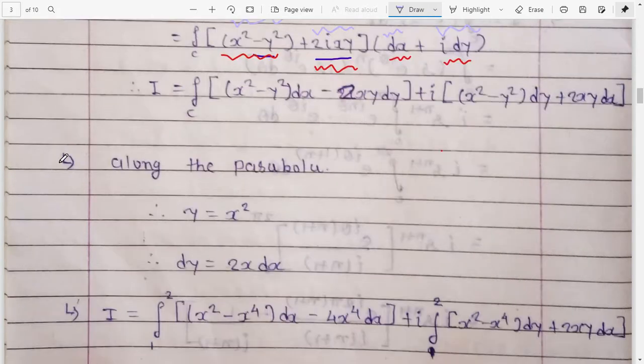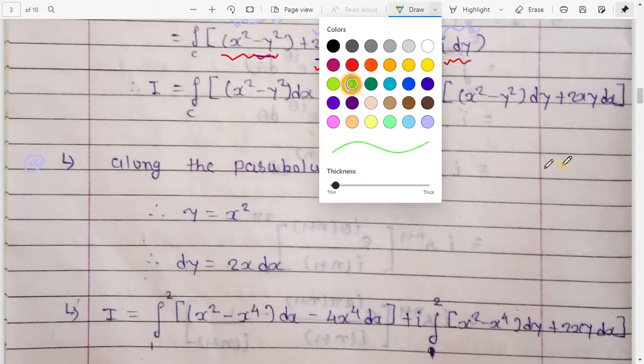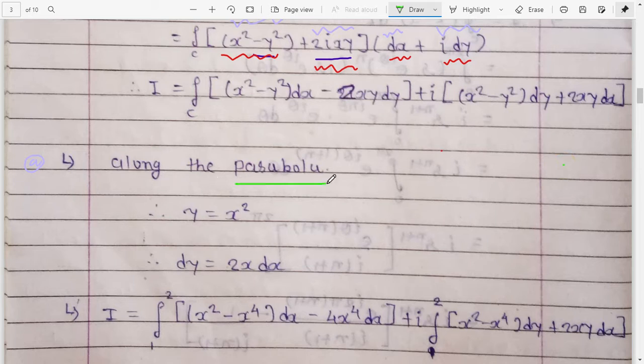Now in part A, the path is given along the parabola y is equal to x square. So in the integration I, in equation number 1, we put the value of y as x square. If we put y equal to x square, what do we get for dy? The derivative of y is equal to 2x into dx.